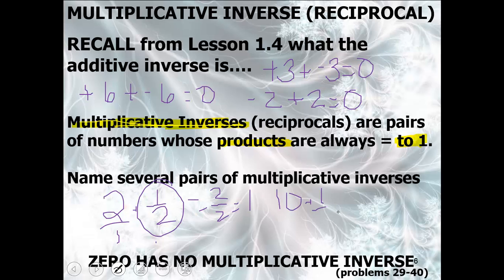10 times 1/10. I multiply straight across. That's 10 over 10, and that gives me 1. Negative 3 times negative 1/3. That gives me 3 over 3 is equal to 1. Multiplicative inverses always have the same sign.